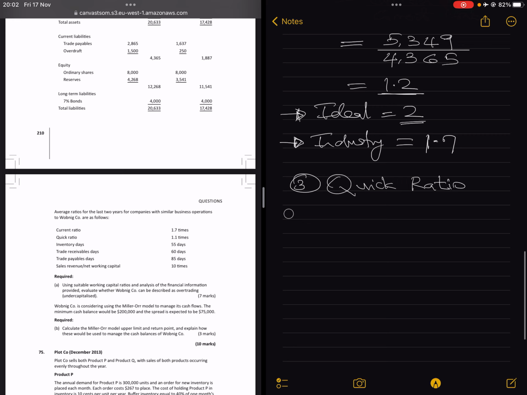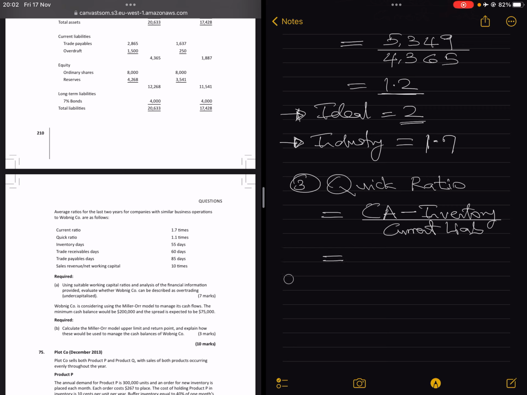Quick ratio is similar to current ratio, but we call it asset test ratio because this ratio tries to eliminate the inventory, which is usually seen to be less liquid in terms of current asset. So this formula is current asset minus inventory balance divided by total current liability.